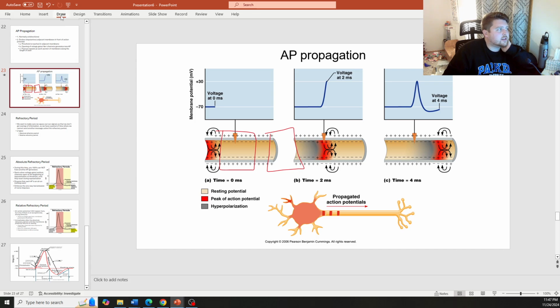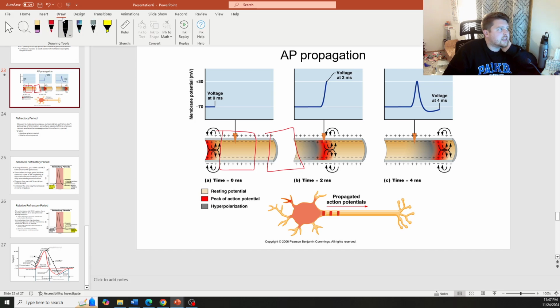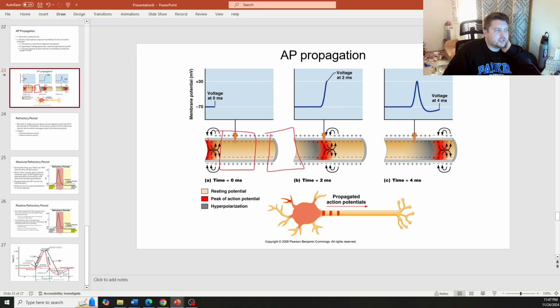So rather than having to send this signal and have all of these ion channels through the entire membrane work, these ion channels here do their job, and then sodium comes in and it dissipates and spreads over here, and then all of a sudden, boom, this space goes through an action potential, and the sodium travels.